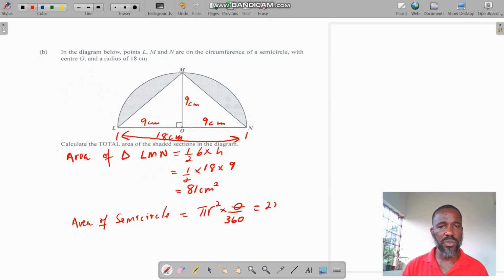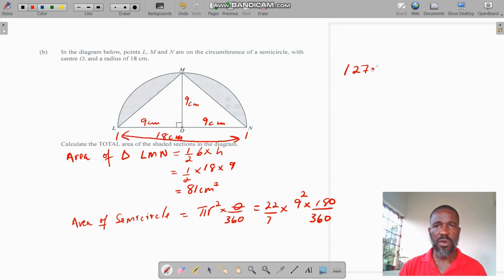It's 22 over 7 times 9 squared times 180 divided by 360. When we have worked that out, we would have got 127.3 square centimeters.